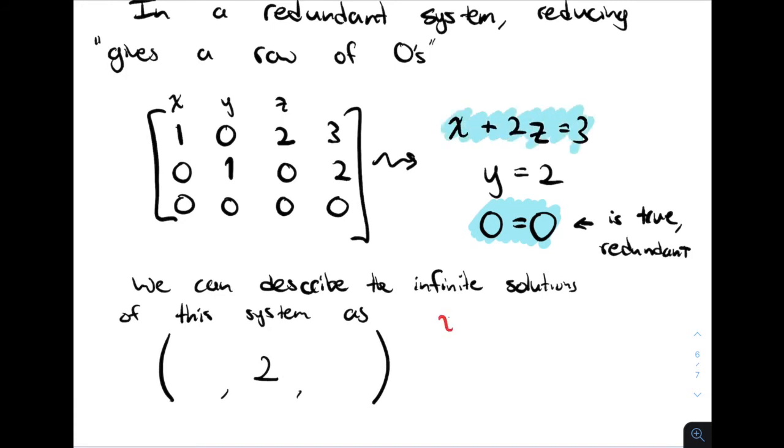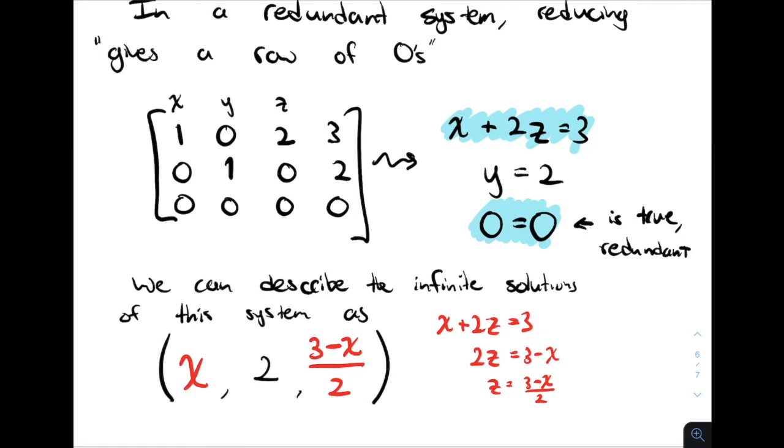We know that x plus 2z equals 3, which means if we solve for z, we would get that z equals 3 minus x all divided by 2. Since this answer includes x, all we can put for x is just x. Our solutions are dependent upon x.